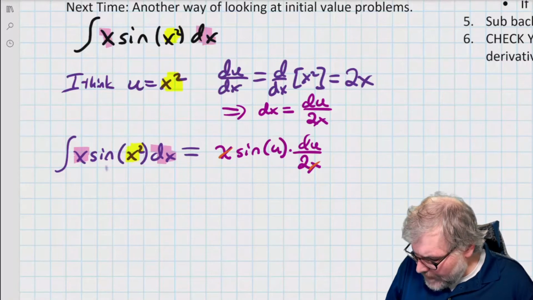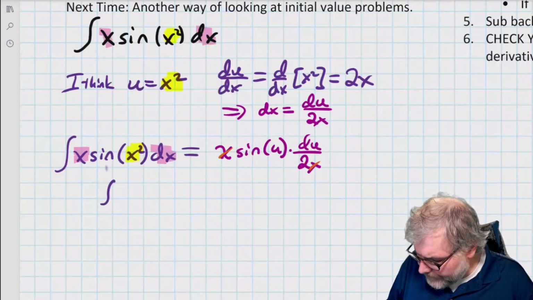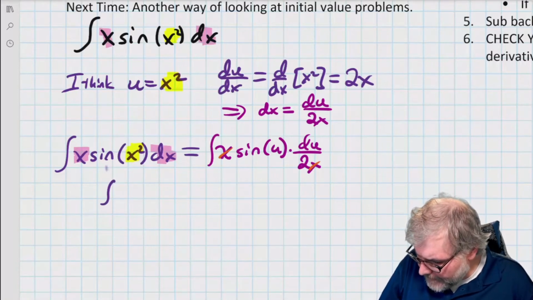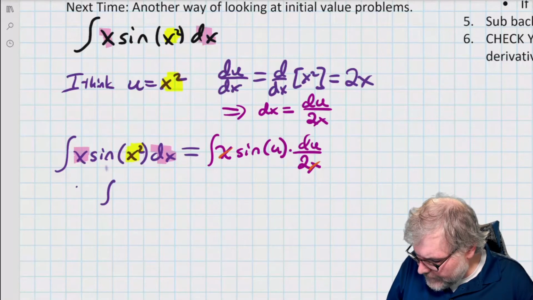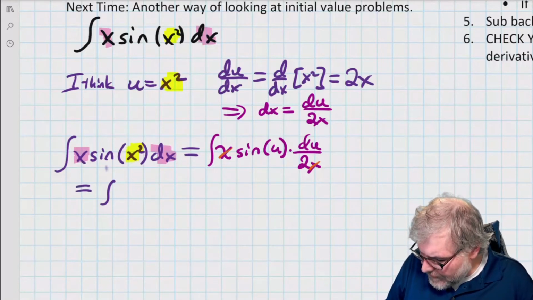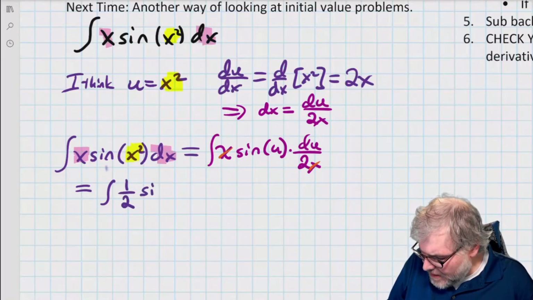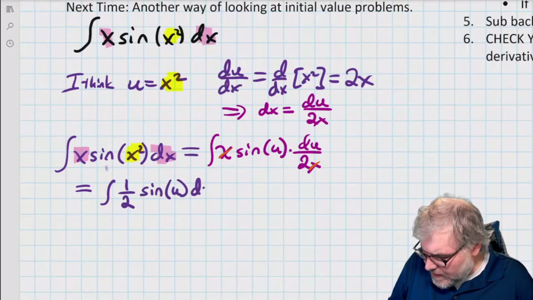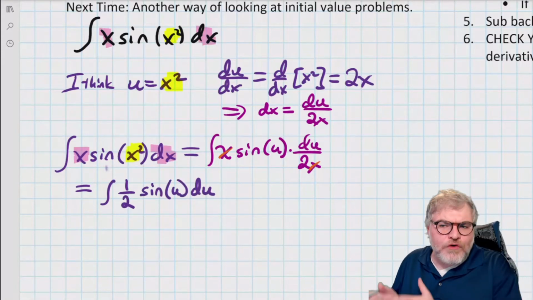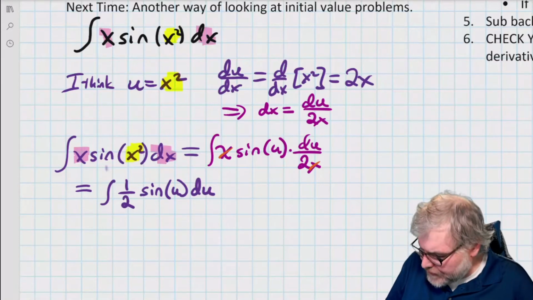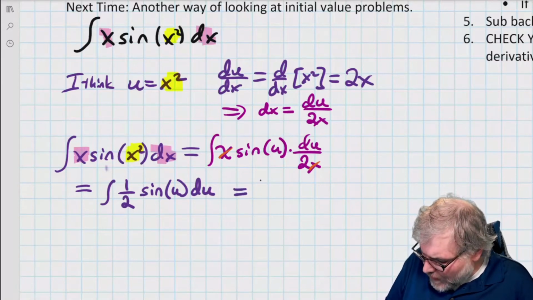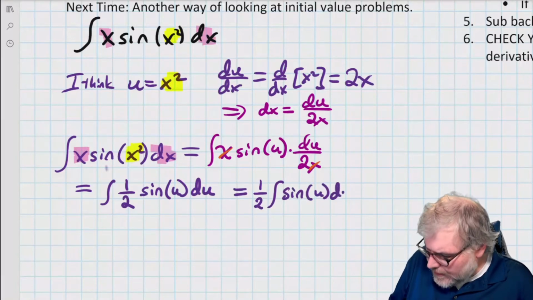Now I've rewritten the problem as the antiderivative of 1/2 sine of u du. And if we recall, I can move this 1/2 across the integral sign, and I get 1/2 times the integral of sine of u du.